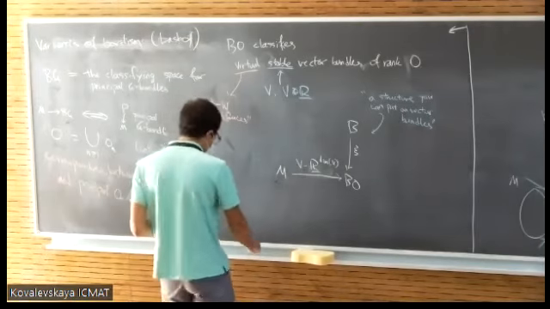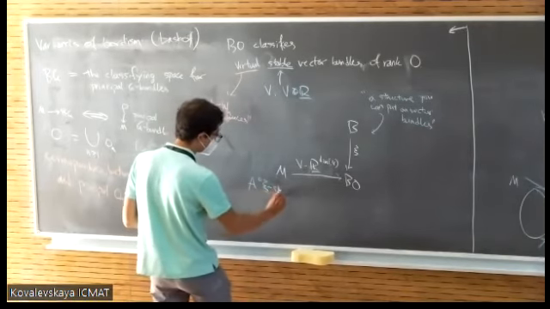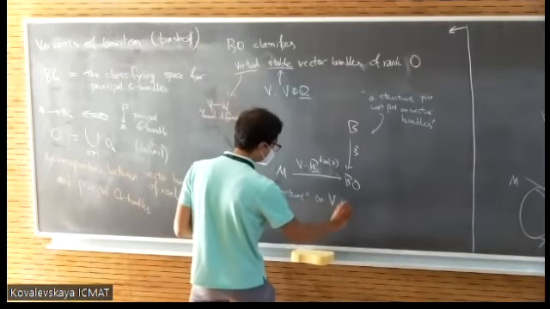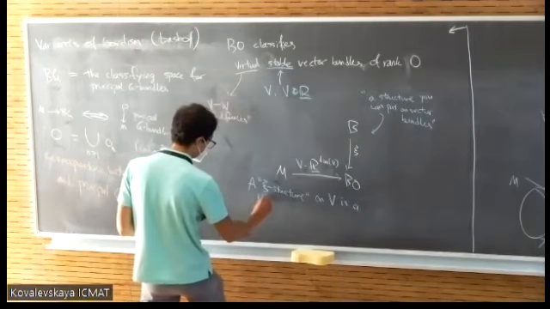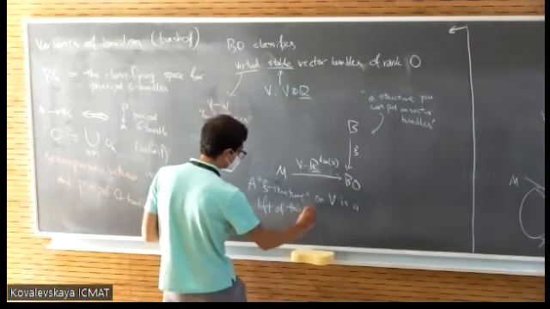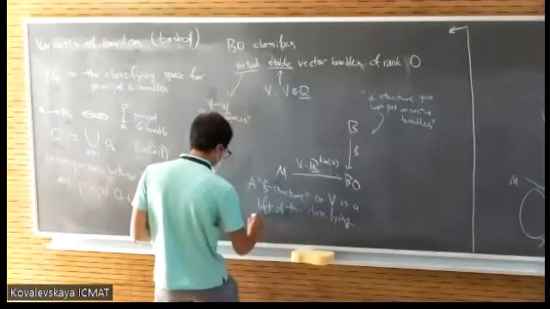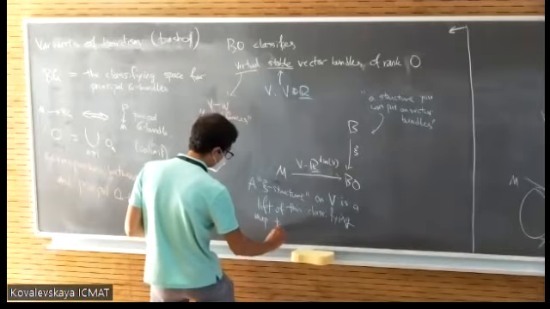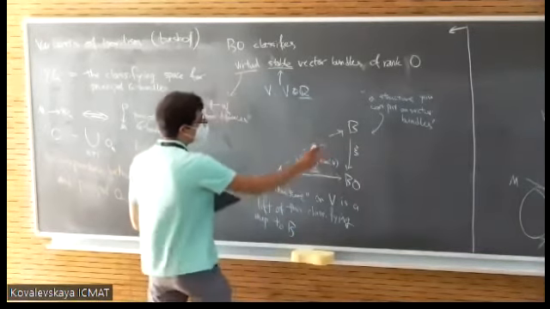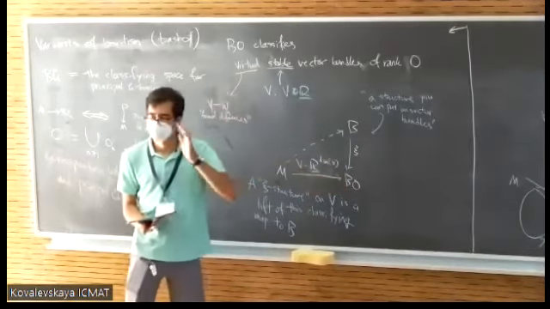And now a B structure, or I should say a psi structure, on V is a lift of this classifying map to B. So I have this map, and I find a map to B such that this composition is equal to this map.